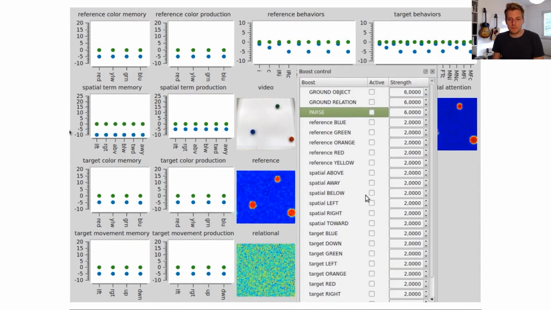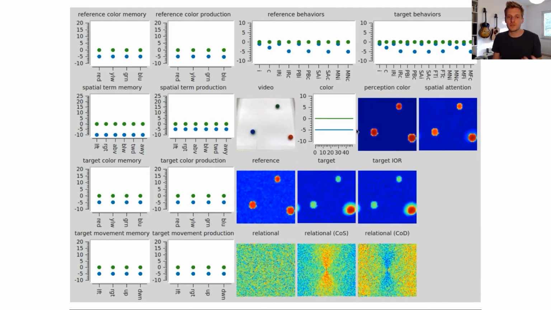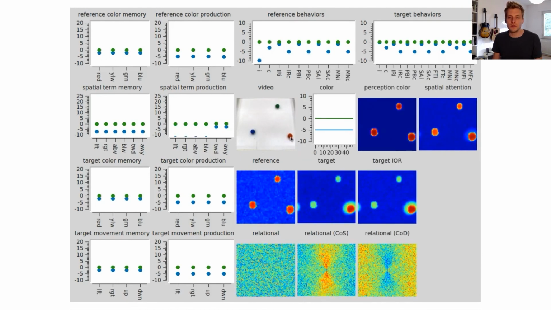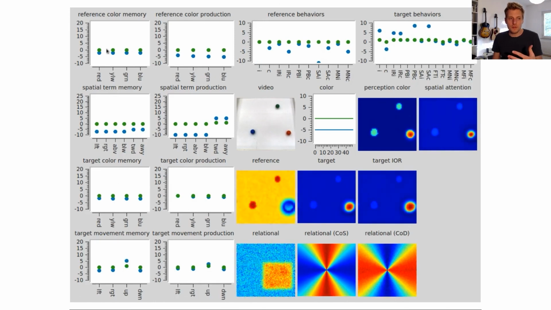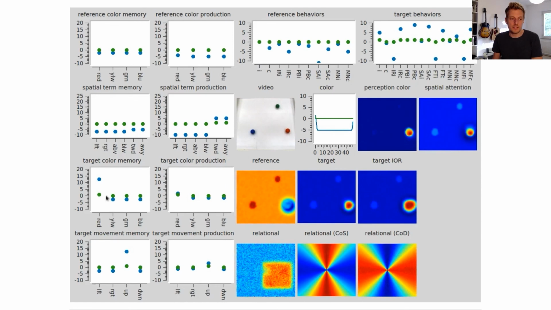Another example is here. This is an example of description. So I just say describe this, and there's a scene here where the red object is moving toward the green. You can see that these nodes are all off, but the model has to activate the right thing. So it's looking for a red object, and it says, oh, this is a red object.